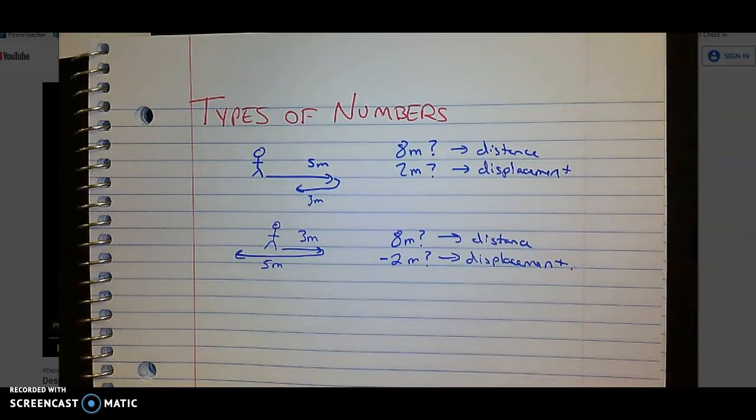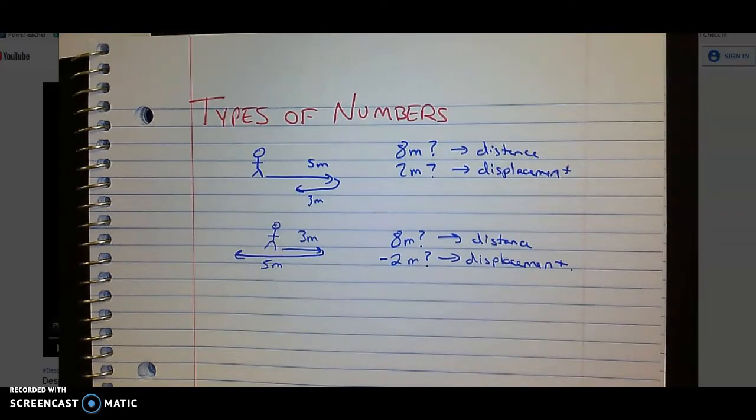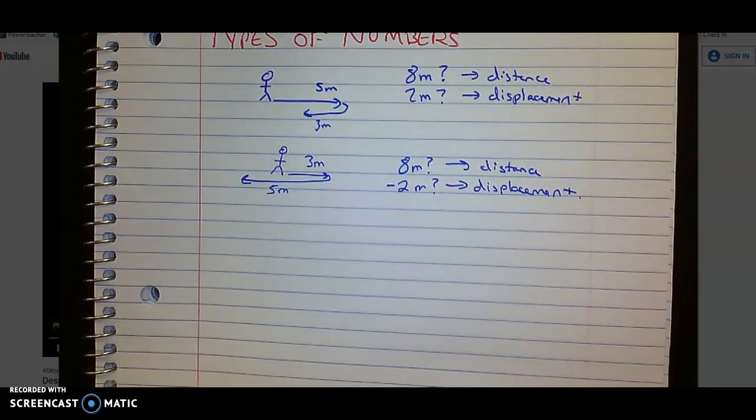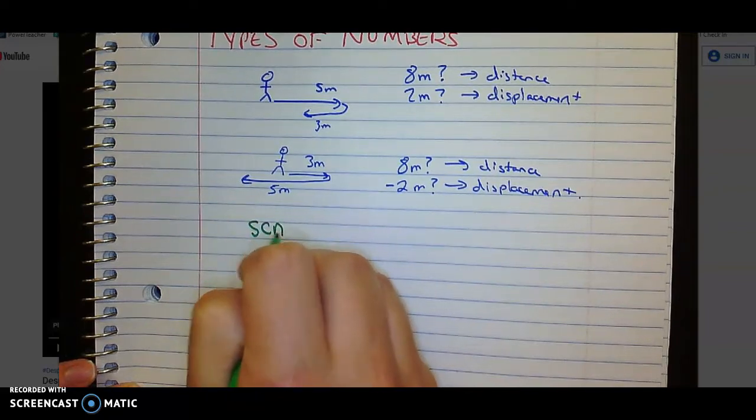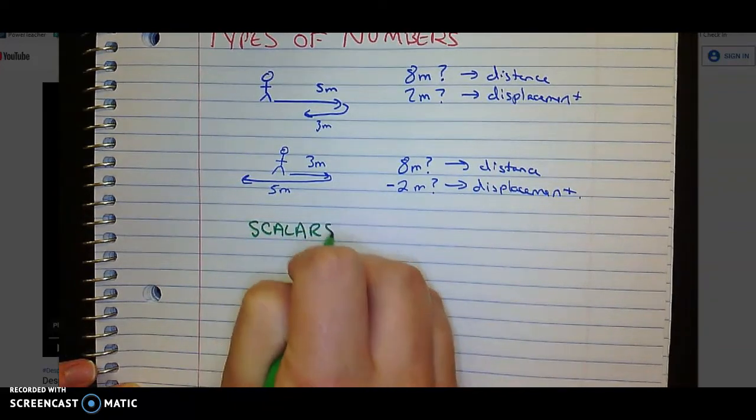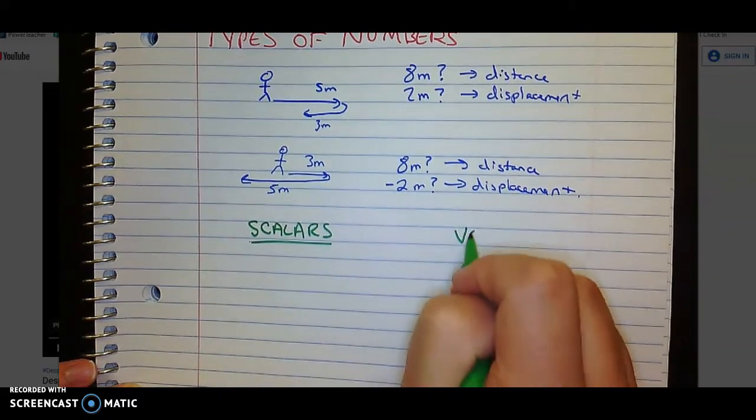Now, we're going to find there's going to be a lot of cases in this class where there are certain times where we're going to want one answer, and there are other times where we're going to want a different answer. And so we, in general, have to refer to two different types of numbers in physics. Those two different types of numbers we're going to refer to as scalars and vectors.